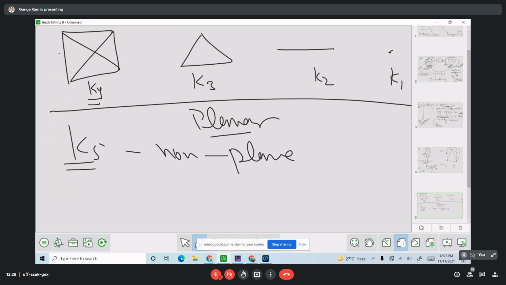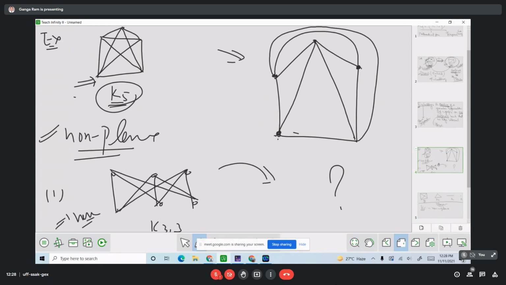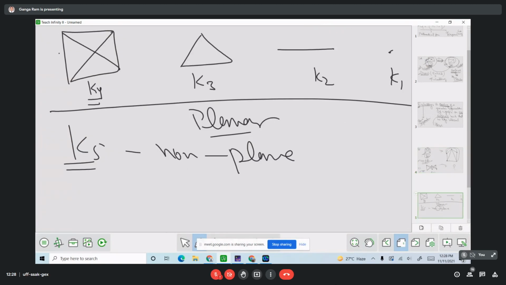And I have taken the complete bipartite graph K23.